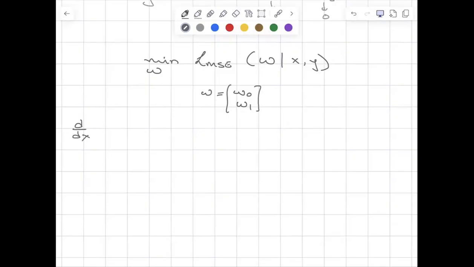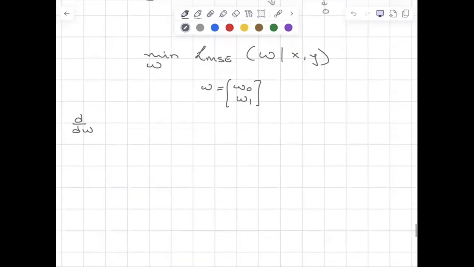If I had only one W, I would say d by dw. But now I have two, W naught and W1, so I'm going to say partial by partial W naught and partial by partial W1. These are called partial derivatives.